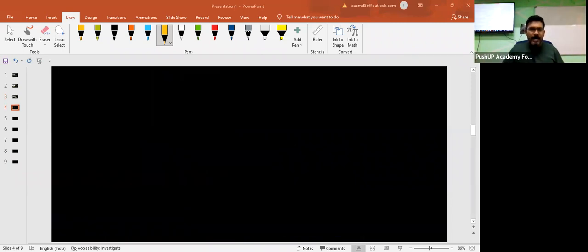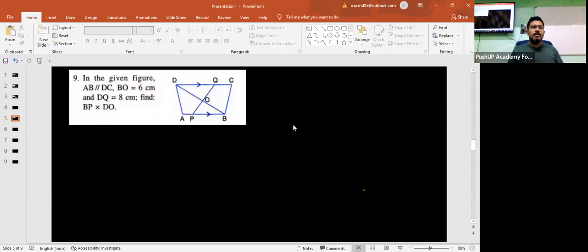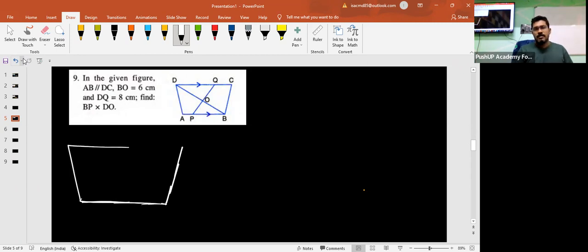Question number 9. We have a quadrilateral ABCD.